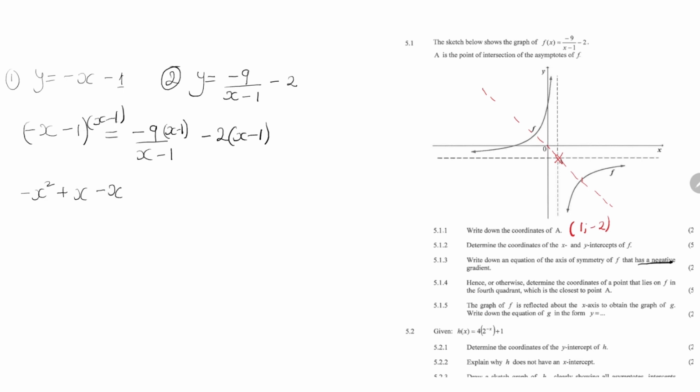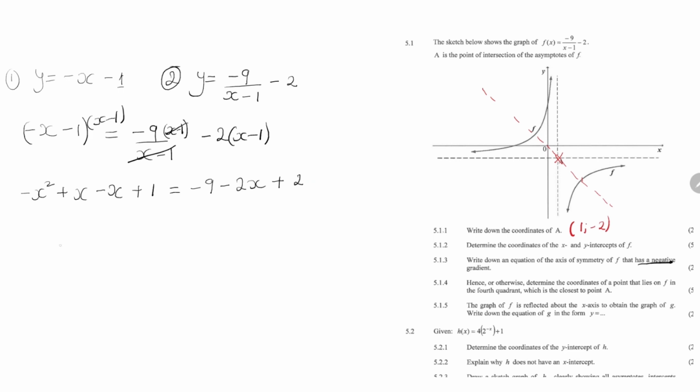Minus 1 multiplied by a minus 1, that is a positive 1. All this is equal to, so here we have this x minus 1, which will cancel that one. So here we are left with a negative 9. And here we have a minus 2 multiplied by an x. So that's going to be a minus 2x. And negative 2 multiplied by a negative 1, that is a positive 2.